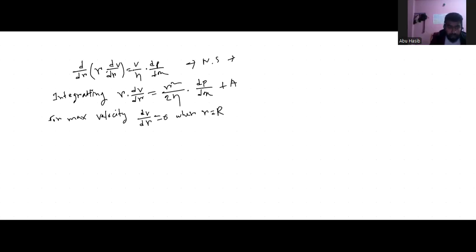Then we will get that a is equal to, if we put 0 here, a is equal to 1 by eta d/dx of p into r squared divided by 2.